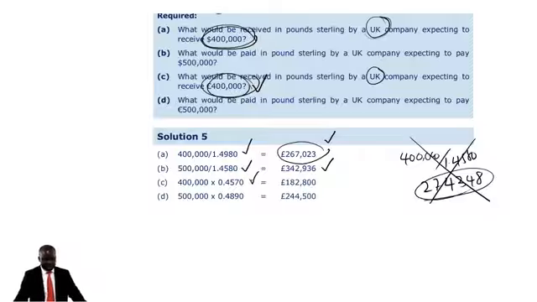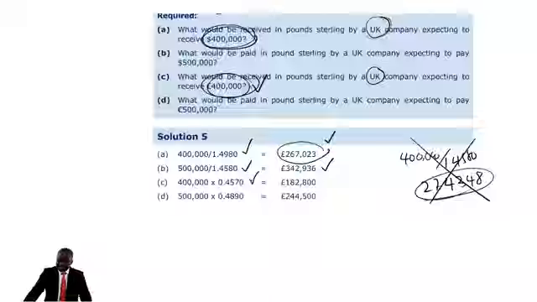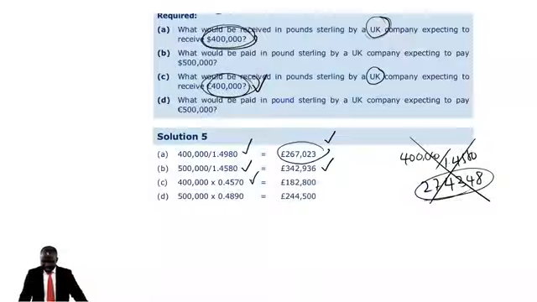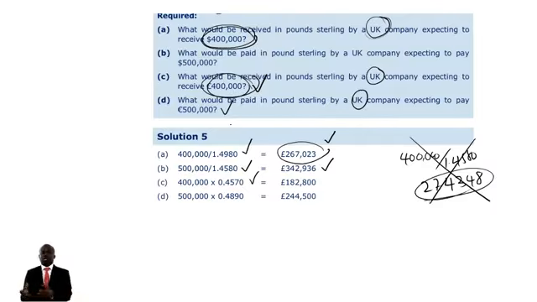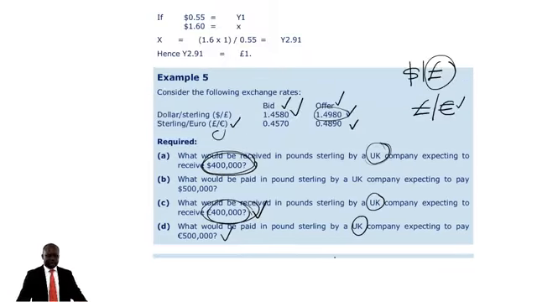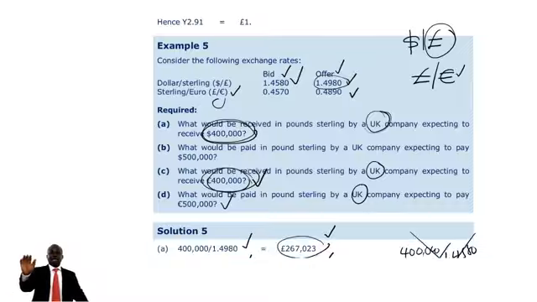Second last one, what will be paid in pound sterling by a UK company expecting to pay 500,000 euros. You are based in UK, you have to go and pay euros. What will you do? You have to convert your pounds in order to get euro. How will you do that? I need to take my pound into the bank manager's office. When I go there, the bank manager says the quotation is pound/euro. I buy euros at the bid, I sell euros at the offer.